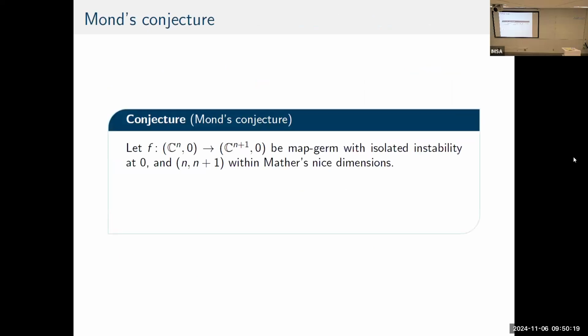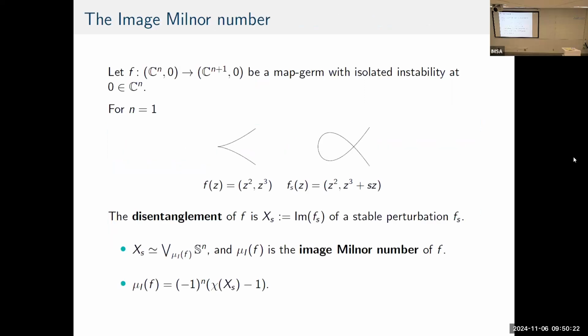Since you have the slide, can you explain what really the image Milnor fiber is? So the thing is, you take a map germ, and then you stabilize. You perturb this mapping in a nice way, in such a way that the image of the perturbation is singular, this is the disentanglement, but has only nice singularities. Nice means stable types. And now, what is a Milnor fiber? I am not talking about Milnor fibers.